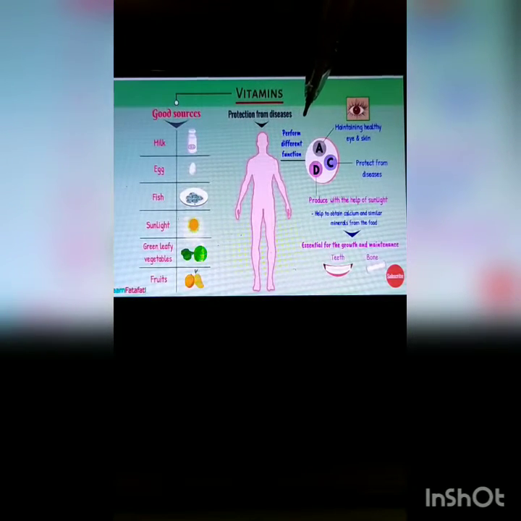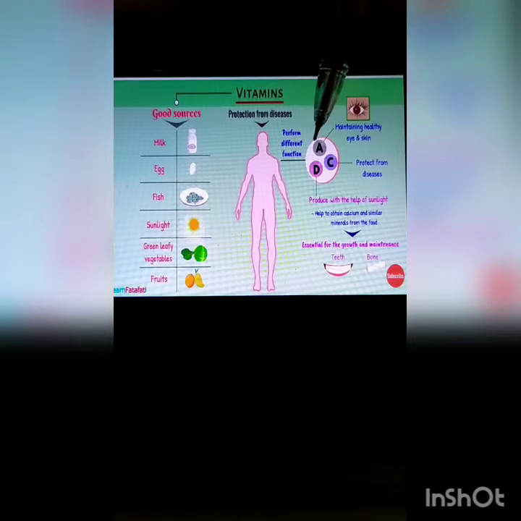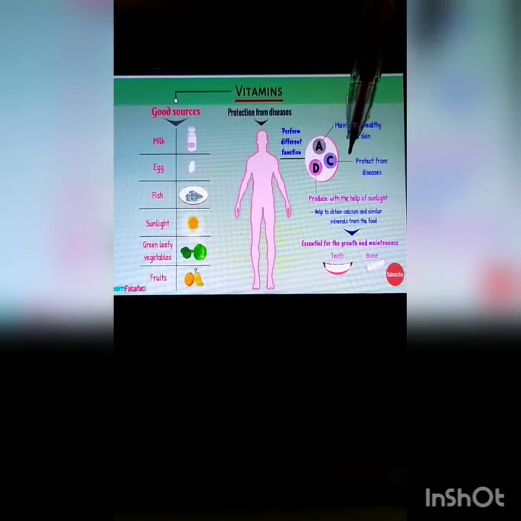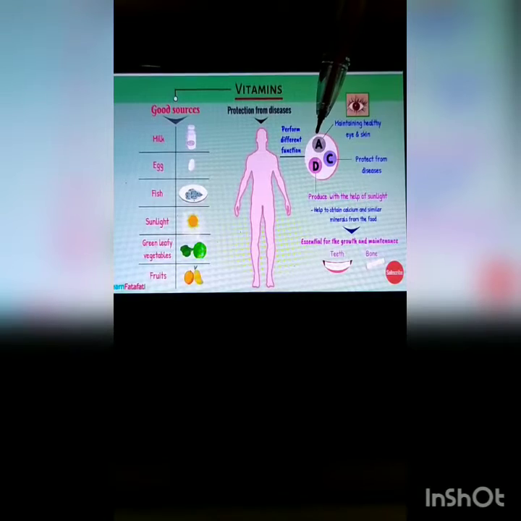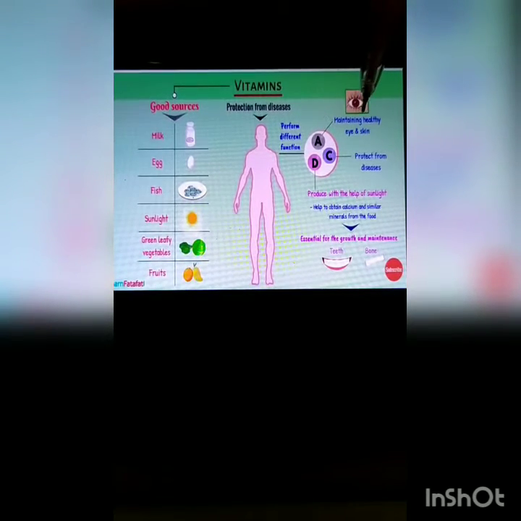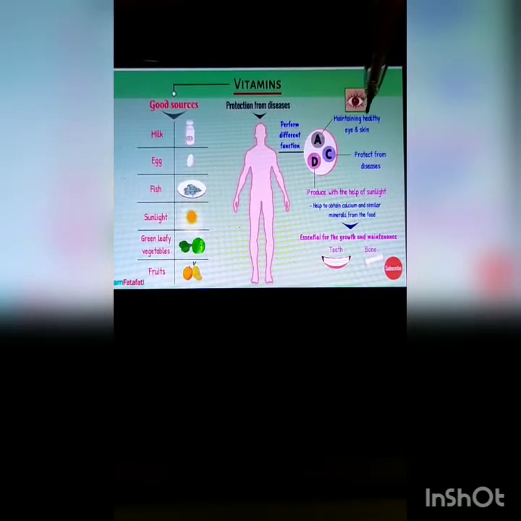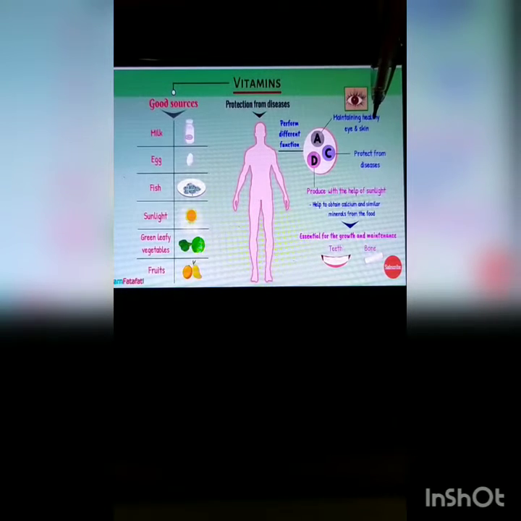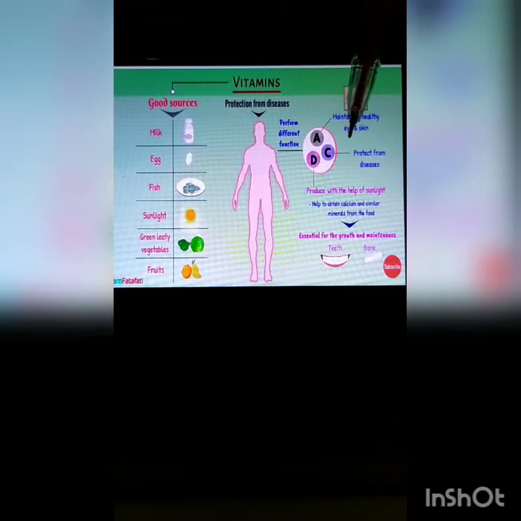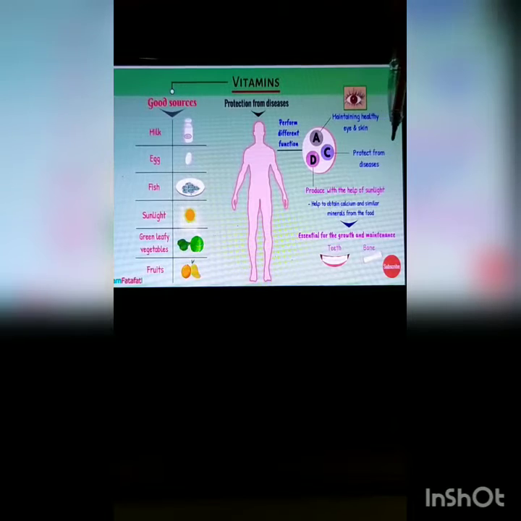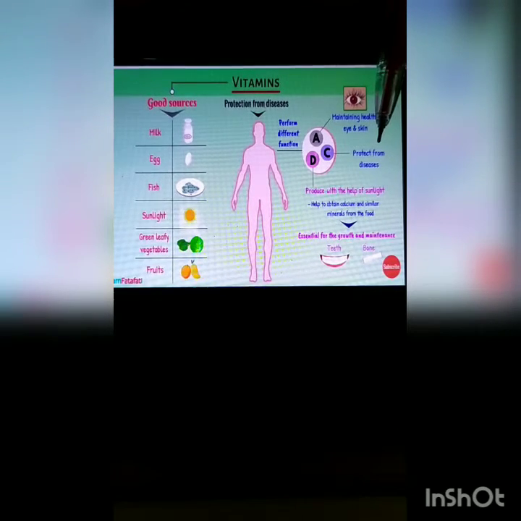These three vitamins perform different functions. Vitamin A helps in maintaining the healthiness of our eyes and skin. Vitamin C helps in protection from diseases.